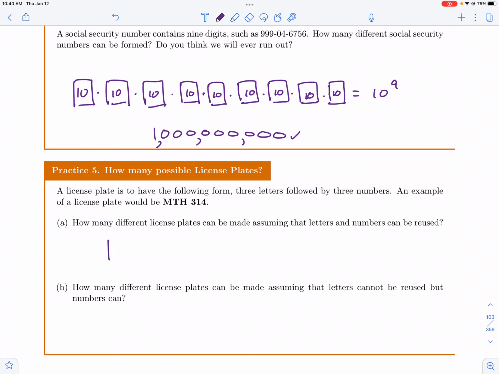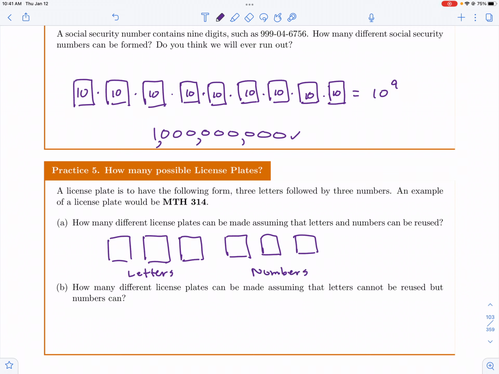Let's lay out what the actual license plate would look like. The first 3 boxes are going to represent our letters, and the second 3 are going to represent our numbers. Notice in this case, letters and numbers can be reused.